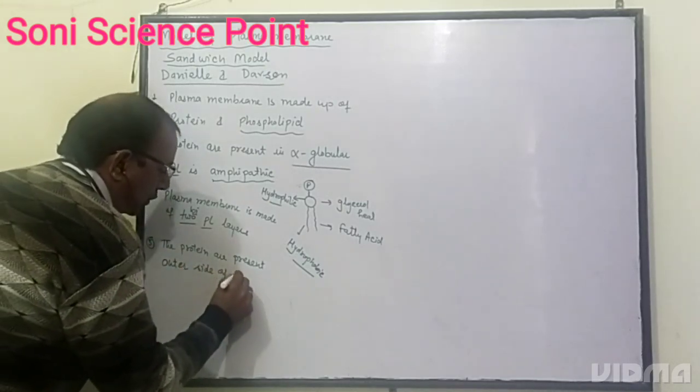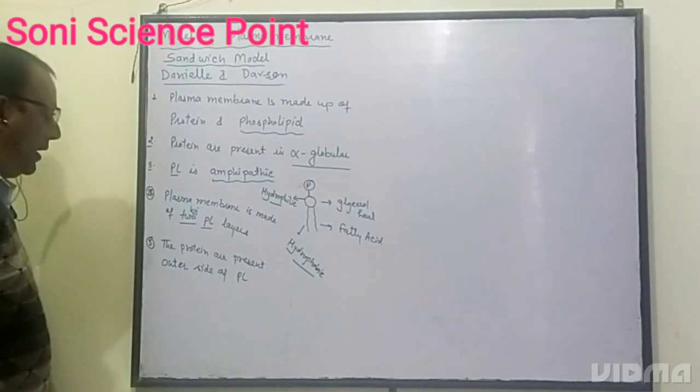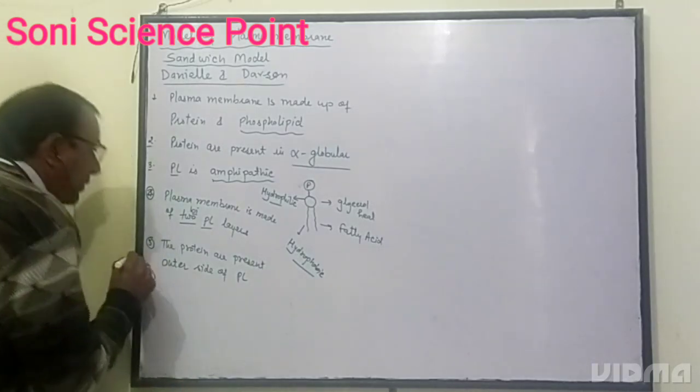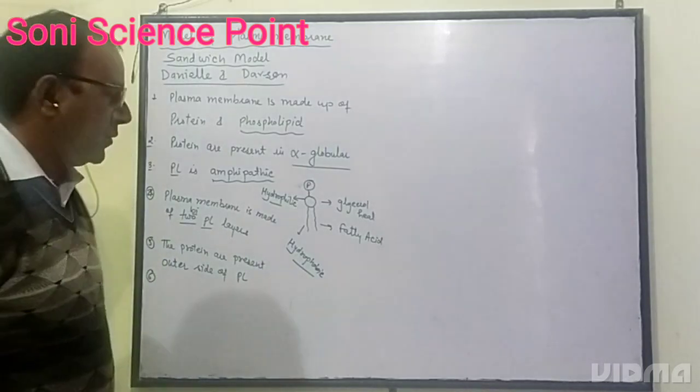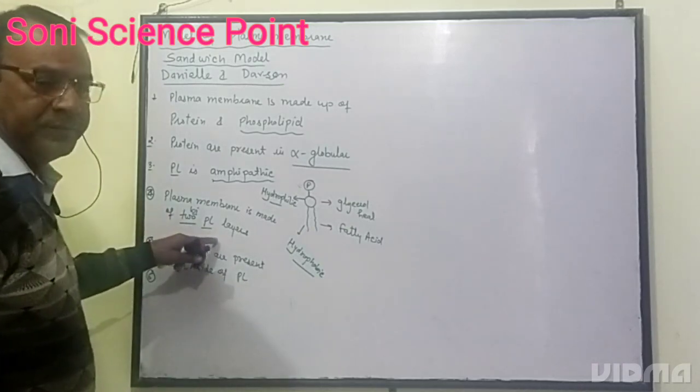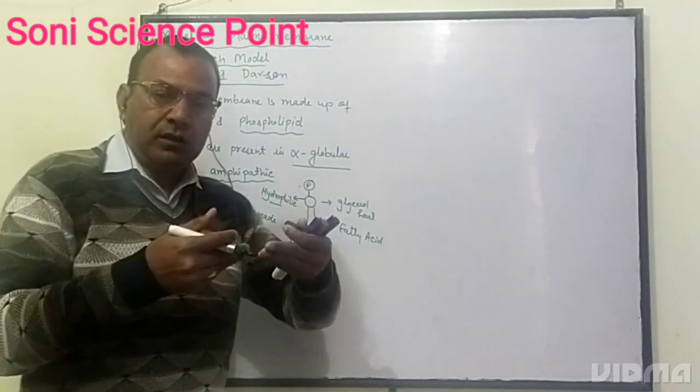of the phospholipid. And the 6th property, which was proposed by Danielli and Davson, is the bilipid layer.